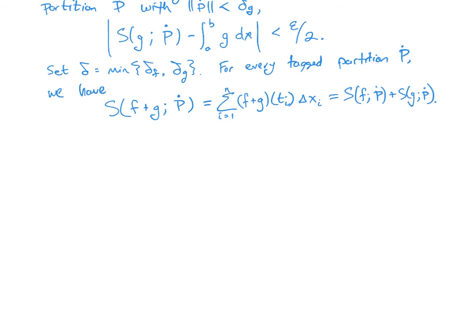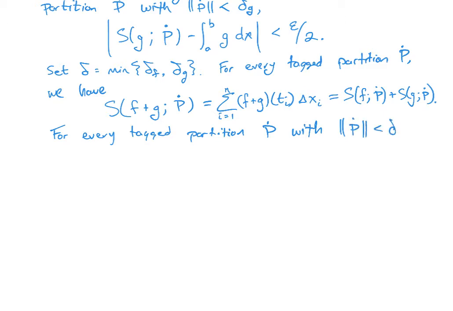So that's just using really basic things about sums of finite lists of numbers. That's true. Now we see that for every tagged partition P dot that has norm less than delta, well, what do we have?